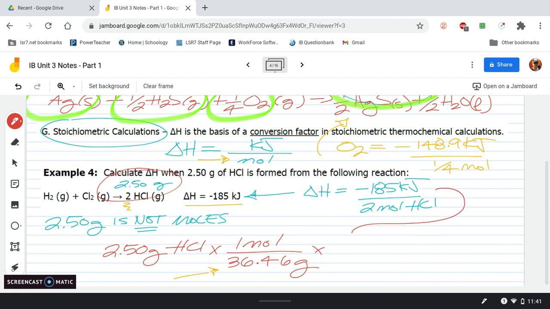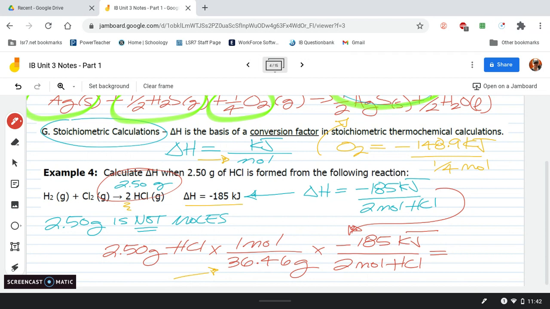So right here, we're going to use our conversion factors. Look how well it works. Negative 185 kilojoules for every 2 moles of hydrochloric acid. We don't know how many moles we have. We've got grams, so we go to moles, and then that's the ratio.